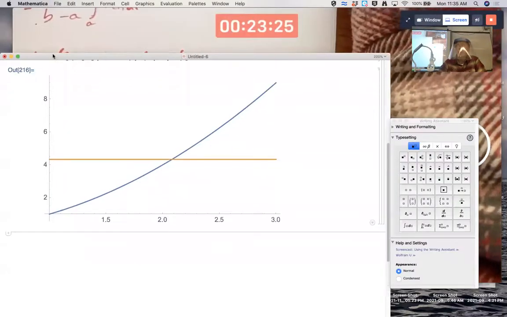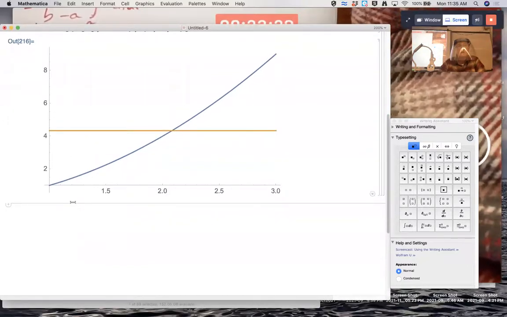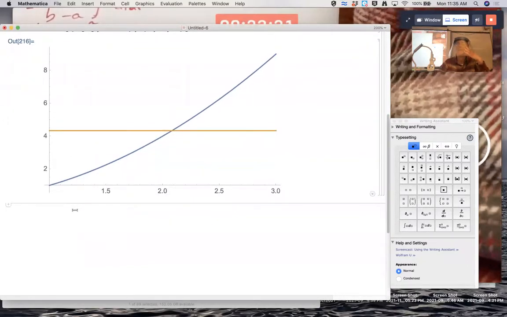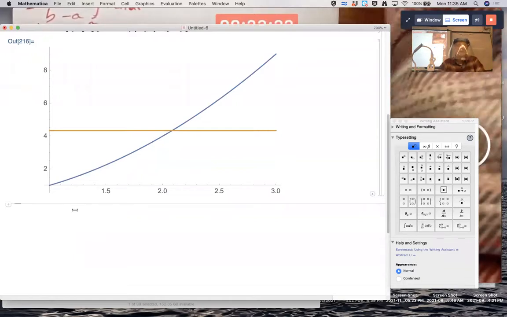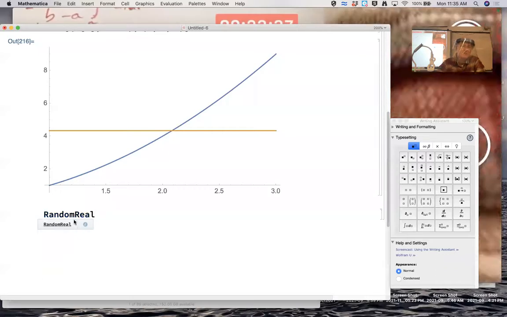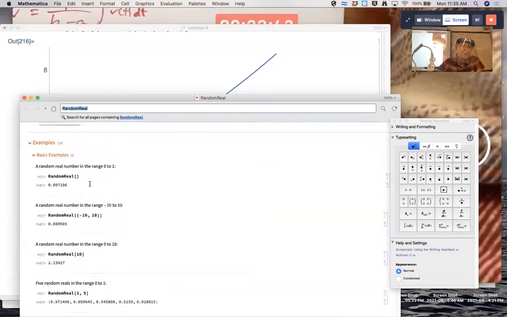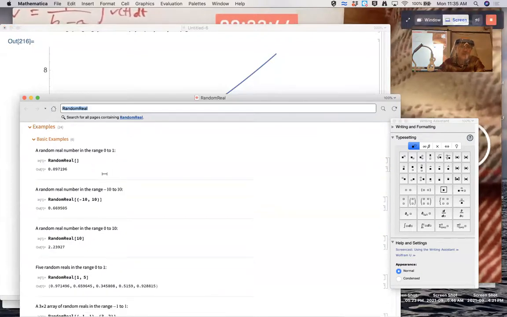You have to bring in some randomness, and a lot of computer programs, spreadsheets, and including Mathematica can generate random numbers. I think it's random real. It generates random numbers in any given range in Mathematica.